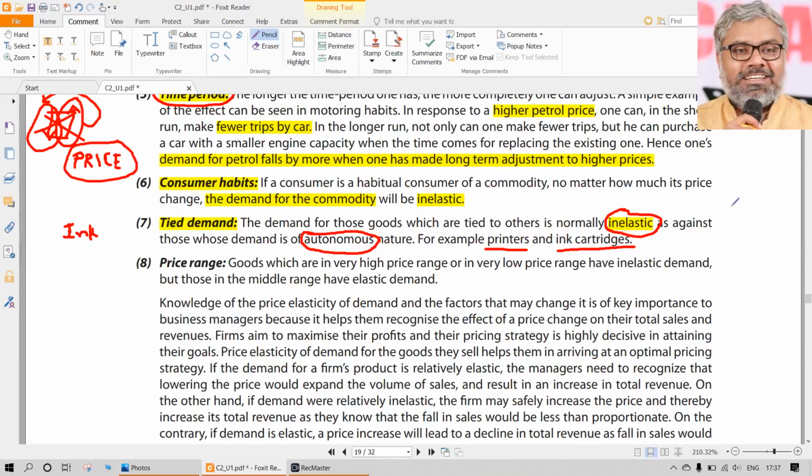So the actual price of that machine is how much? That is negligible. Why is that? Because that is price elastic. But what is price inelastic? The cartridges, the refills that we use, those are price inelastic. The original product will be cheaper, the printer will be cheaper, the All Out machine will be cheaper.